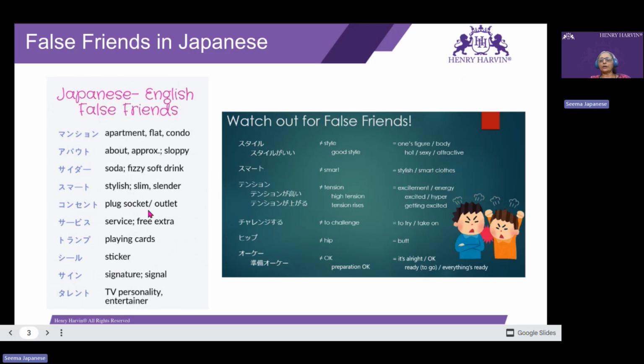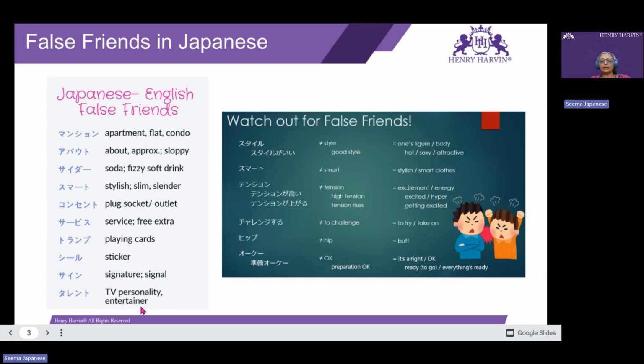Consento is a plug socket or the outlet. Then service is service, free, etc. Then torampu means playing cards. Then cheer, sticker means the seal, sign, signature or signal. The next is tarento, which means television personality or entertainer.